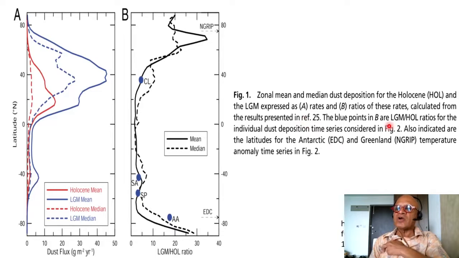Blue points in B are the LGM to HOL ratios for the individual dust deposition time series considered in another figure from this paper. Also indicated are the latitudes for the Atlantic EDC, Epica Dome C core, and NGRIP core from Greenland temperature anomalies.